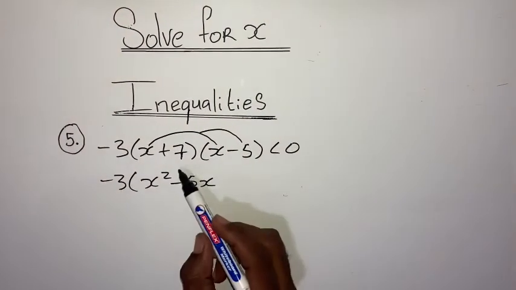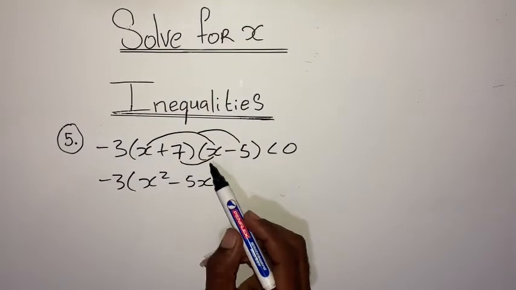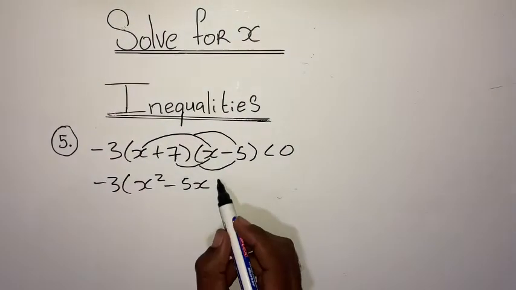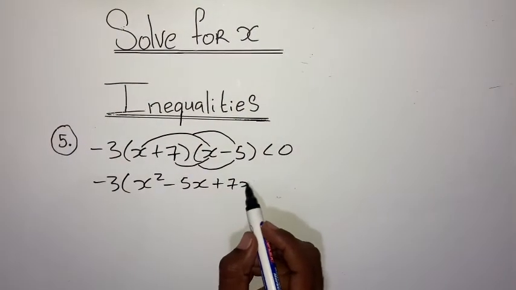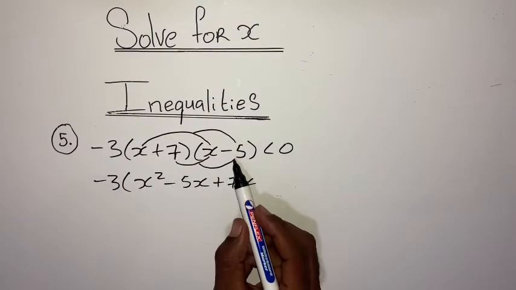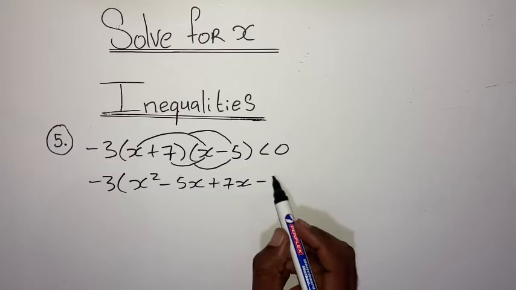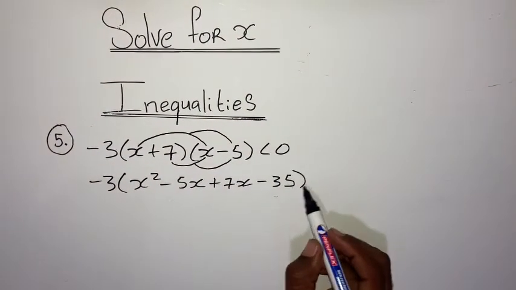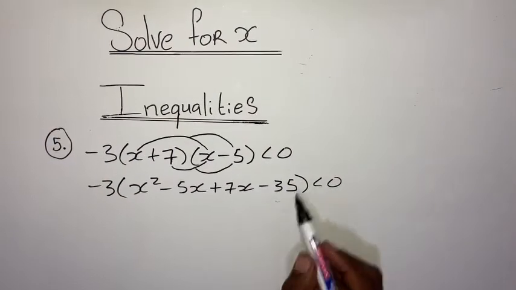You do the same with your 7 times x, which gives you a plus 7x, and 7 times a -5, you'll get a -35. Then you close your brackets, never forgetting your inequality.